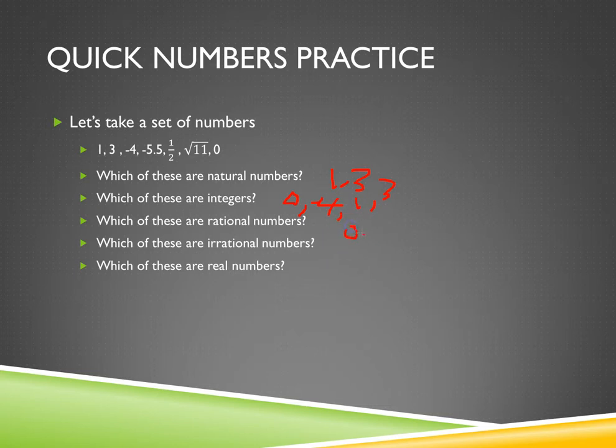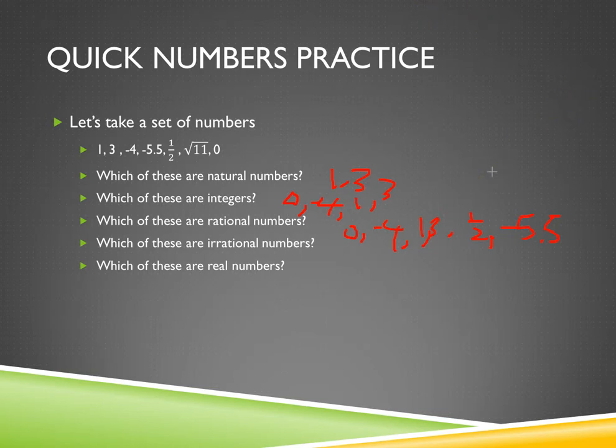So let's go 0, -4, 1, 3. We also have to include fractions, because fractions can be written in that form. So 1/2. And a tricky one, it also includes -5.5, because you can write -5.5 in fraction form, since it's equal to -11 divided by 2. So that's also a rational number.